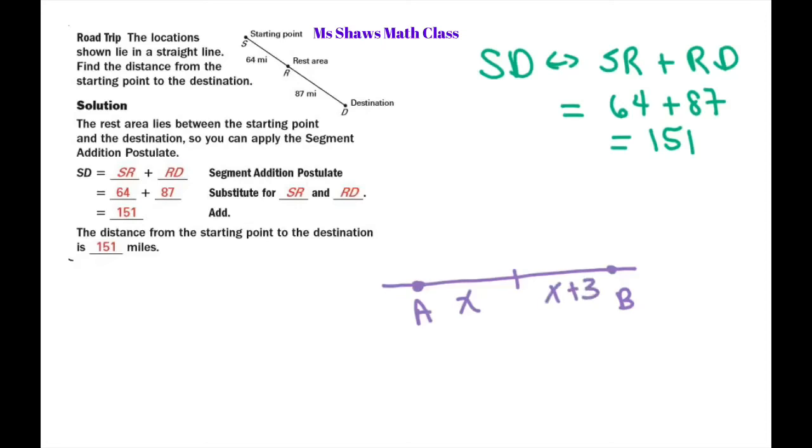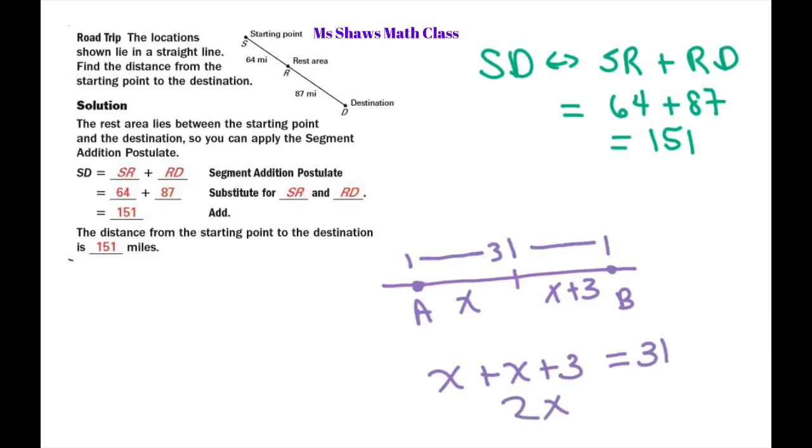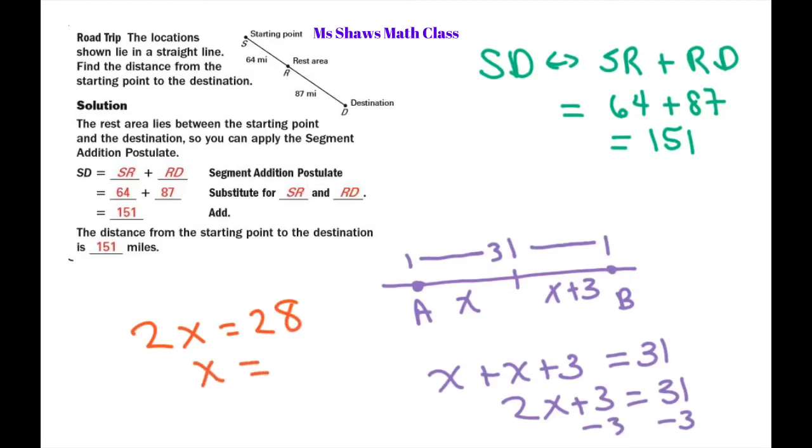If you have to solve for x, and this length here is, say, 31, what you would do is add x plus x plus 3, and that equals 31. So you get 2x plus 3 equals 31. You subtract 3 from both sides, and you get 2x equals 28. So you divide both sides by 2. You get x equals 14.